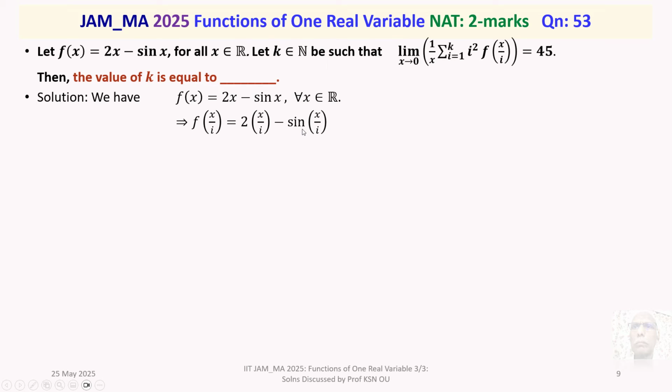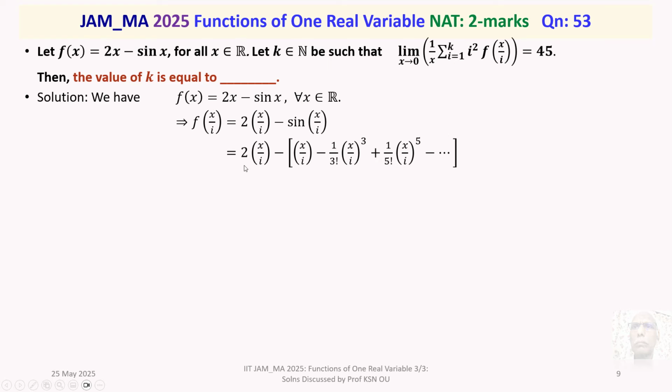For the sine function, let us write down its Maclaurin's expansion. That is 2 into x by i minus the expansion of sine of x by i, which is x by i minus 1 by 3 factorial into (x by i) whole cube plus 1 by 5 factorial into (x by i) whole to the power of 5, minus so on and so forth.